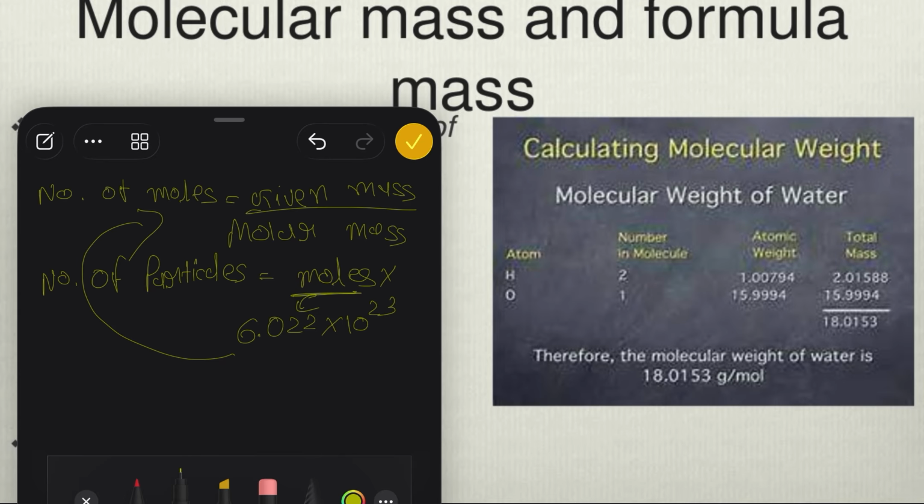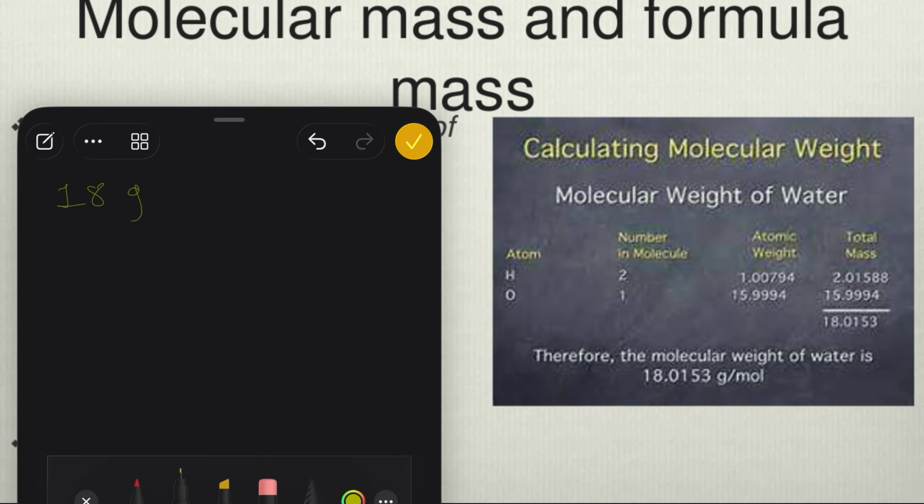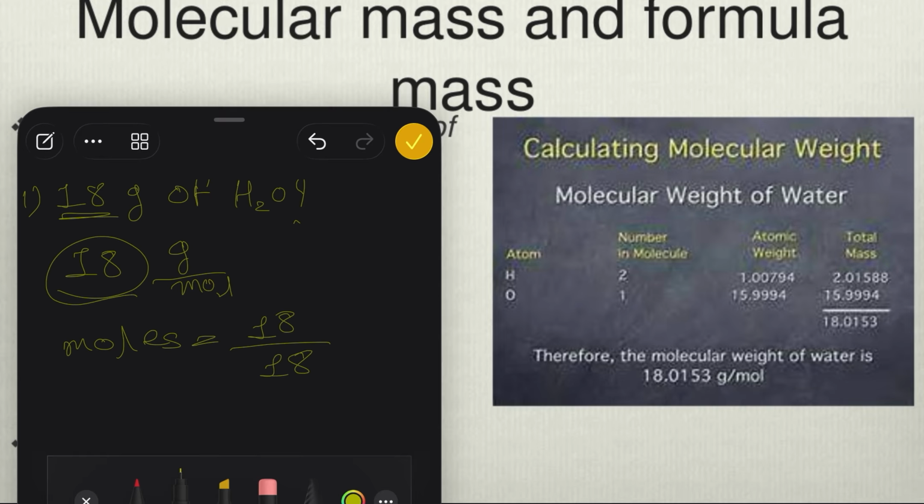Okay, let's take one example. How many moles are present in 18 gram of water? This is our question. The molar mass of water is 18 gram per mole, and moles means given mass 18 gram divided by molecular mass 18, so our mole is 1.